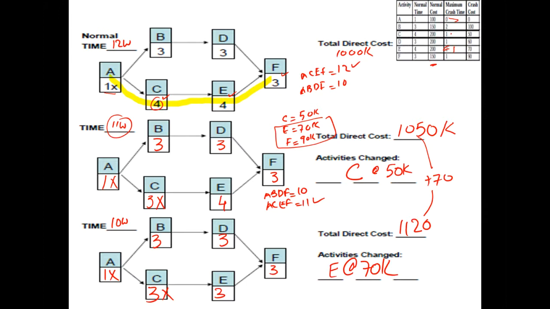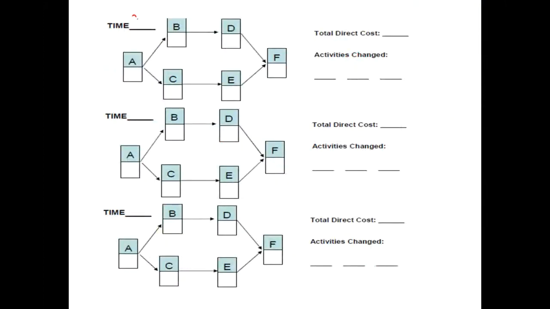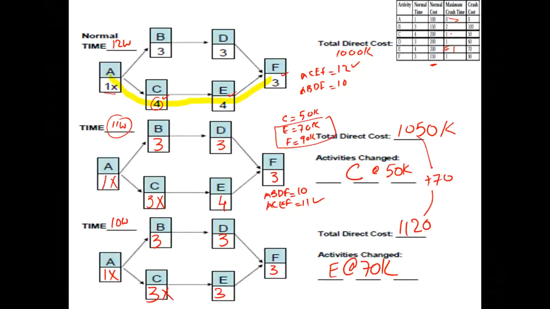Right, so we continue our exploration, and the next target is to get this project delivered in 9 weeks rather than 10 weeks. Now I have to recompute the critical path, and if I check my critical path again, the path at the top, ABDF, has a duration of 10 weeks, and the path at the bottom, ACEF, has a duration of 10, which basically means that both my paths have become critical.